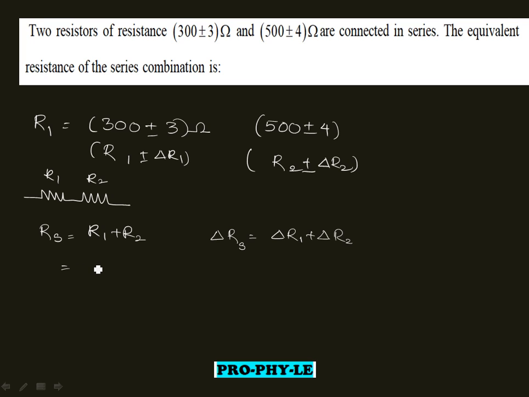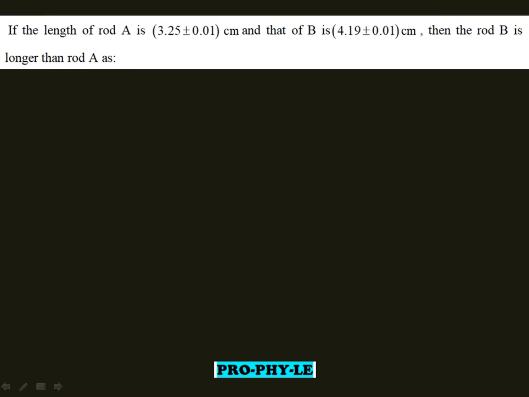So Rs will be 300 plus 500, equal to 800. Similarly, the error in the first resistance is 3 ohm, the error in measurement of the second resistance is 4 ohm, and the final value will be 7 ohm. So the equivalent resistance of the combination with error we can write like this: 800 plus or minus 7 ohm. The next question is like this.